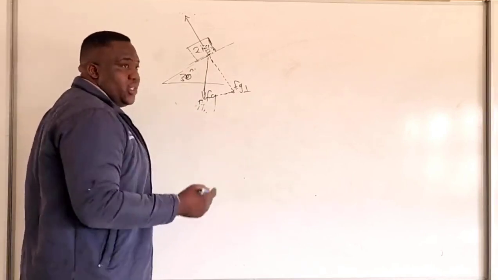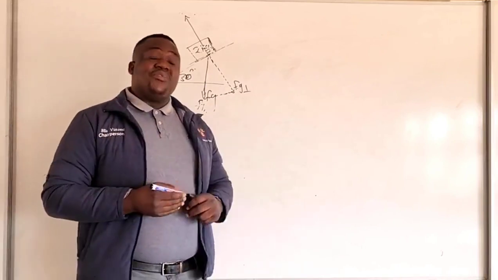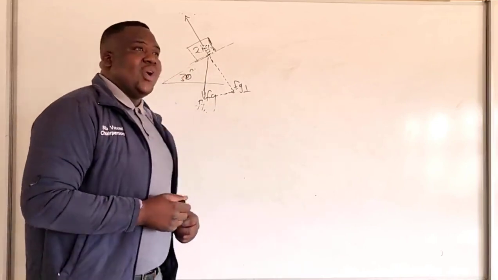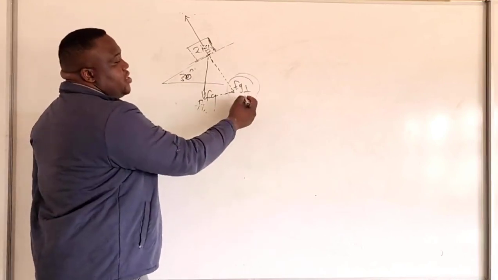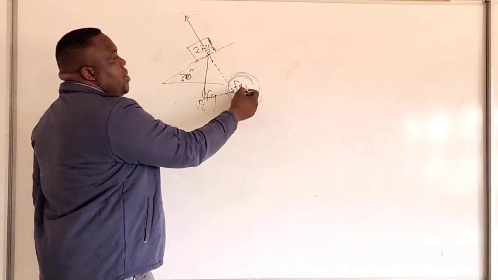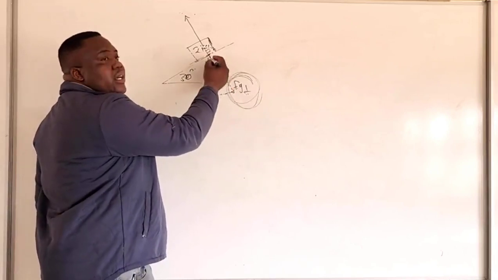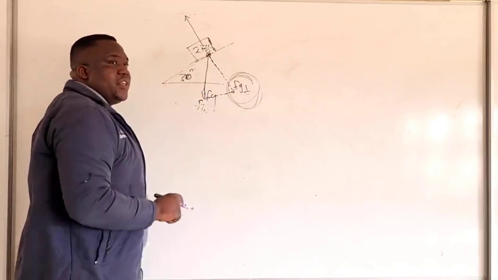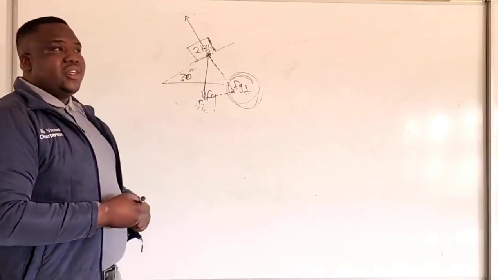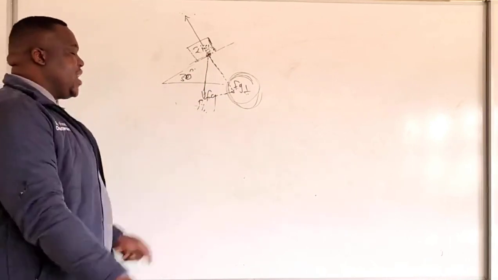I'm using the word friction for the sake of explaining, guys, because when we come to the physics law, I can't say that gravitational force is a friction, because friction is a force which opposes the motion or direction of an object and acts parallel to the surface.